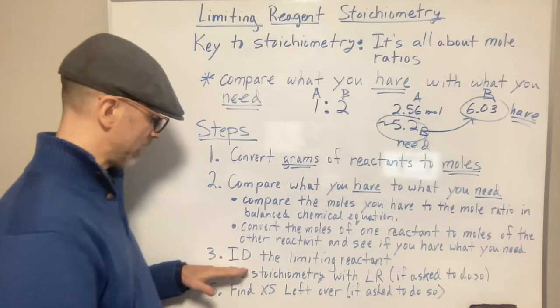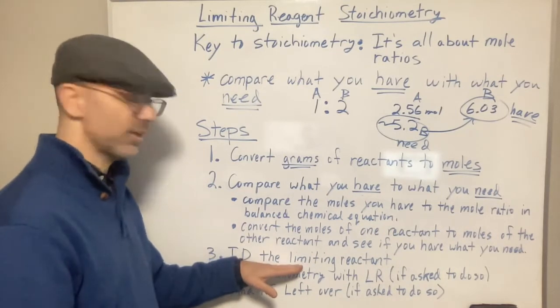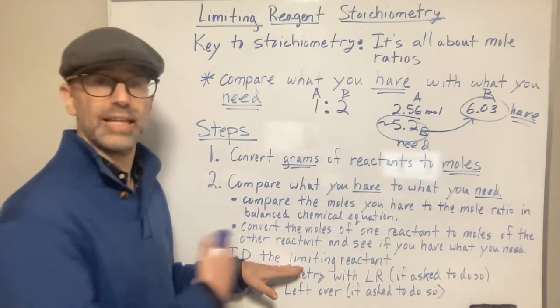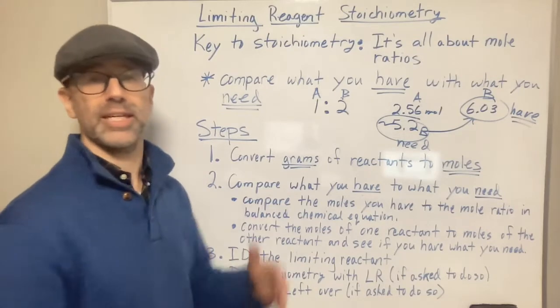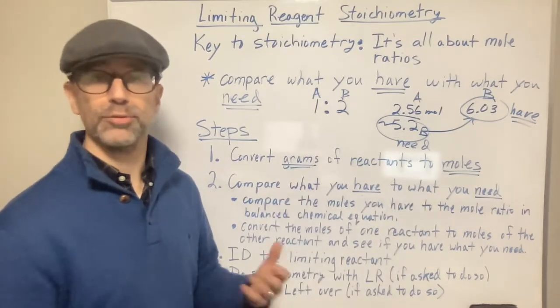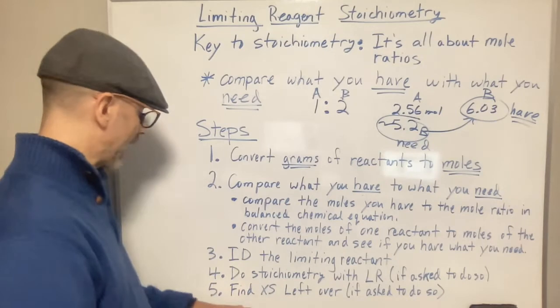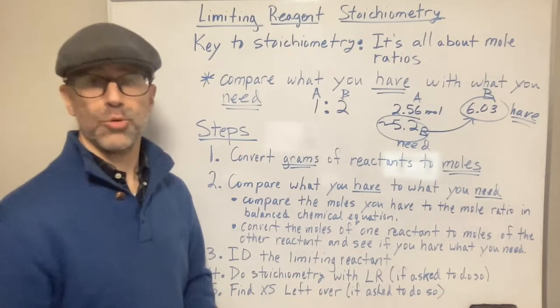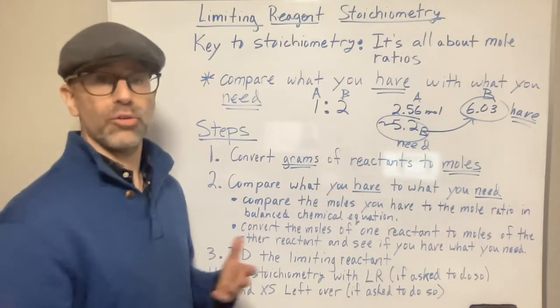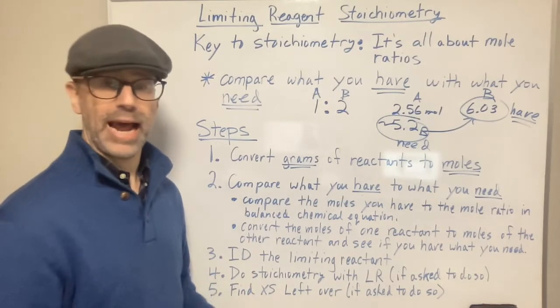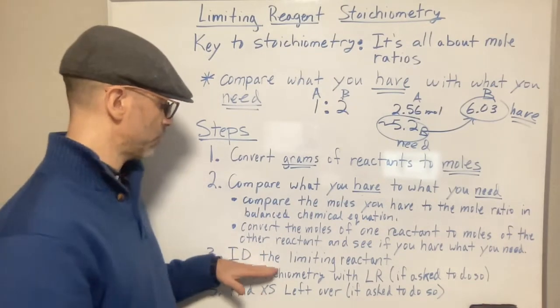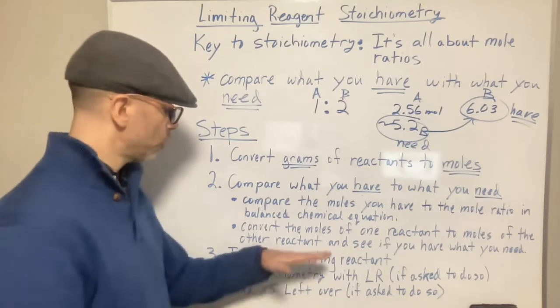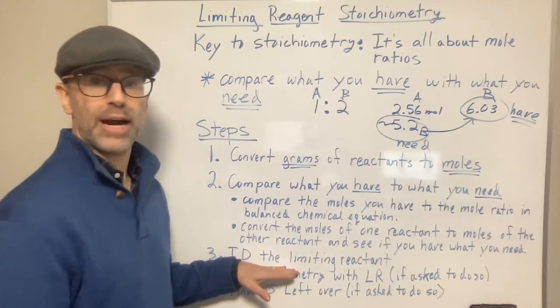Once you've identified the limiting reagent, you can then use it to do stoichiometry to calculate the amount of product formed. Or they could ask you to find the excess left over of the other reagent, right? So those are a couple of other problems they could ask you in addition to figuring out what the limiting reagent is.